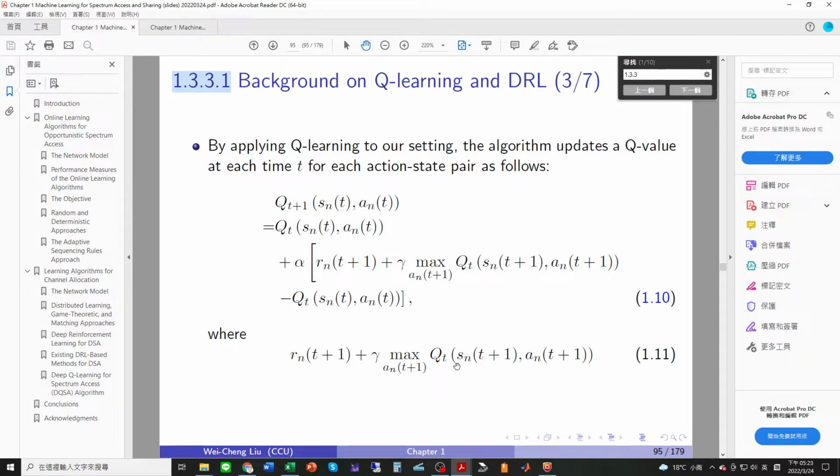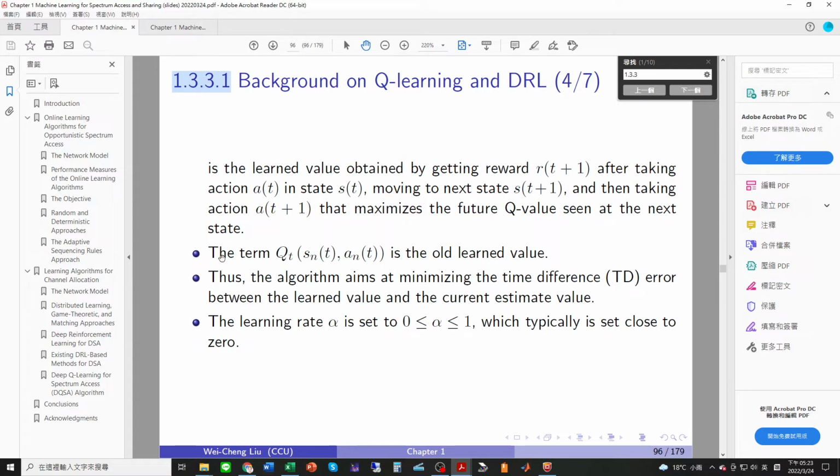Okay, so this is the meaning. The term Q_t of S_n of t, A_n of t is the old learned value. Thus, the algorithm aims to minimize the temporal difference (TD) error between the learned value and the current estimate value.